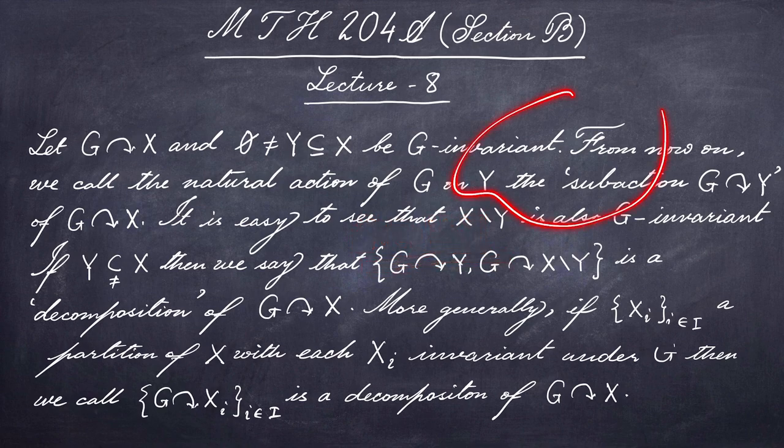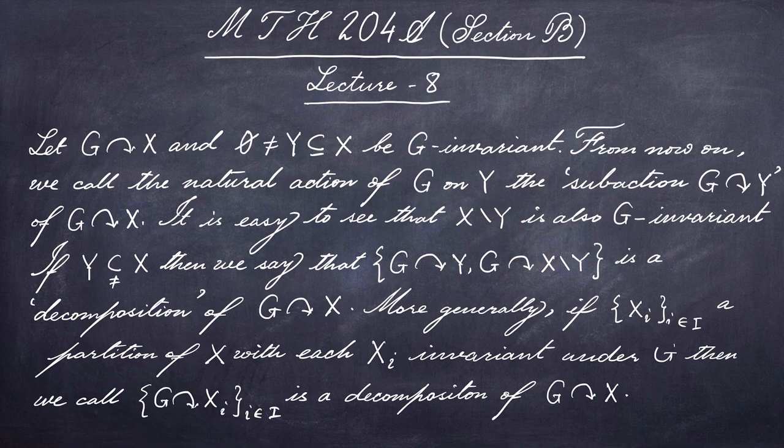So the situation is that now the set X has been split into two parts, and both these parts are non-empty and proper, and since both these parts are invariant under G, the entire action of G on X has now been split into two subactions. So in this case, we say that the collection of these two subactions is a decomposition of the given action.